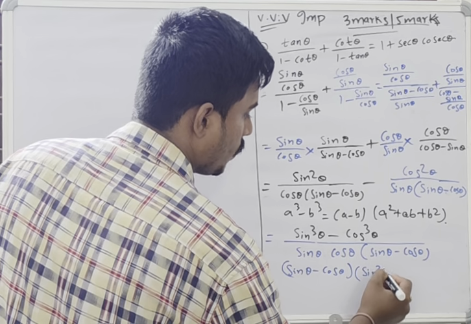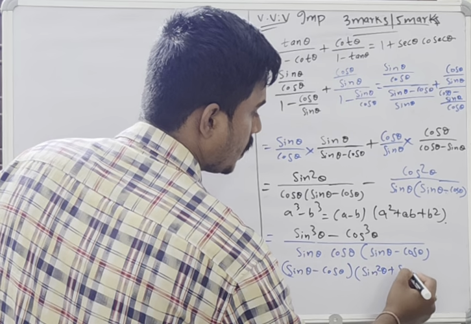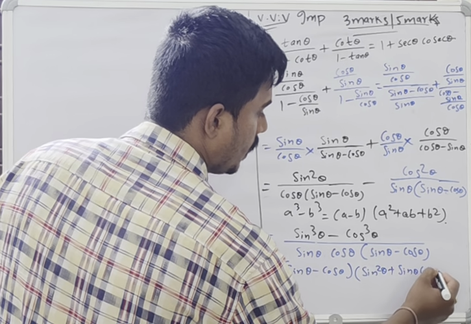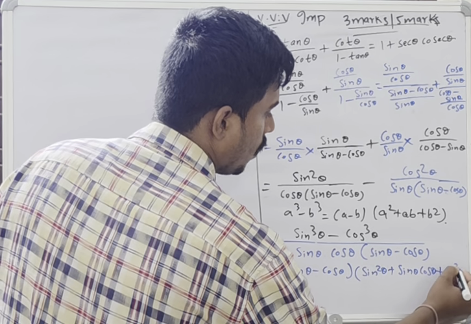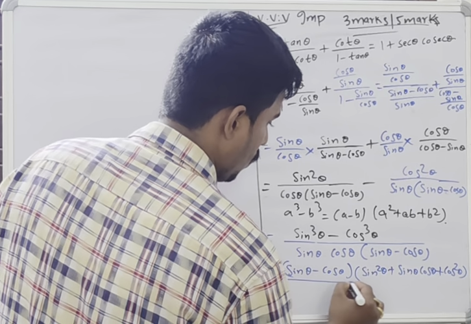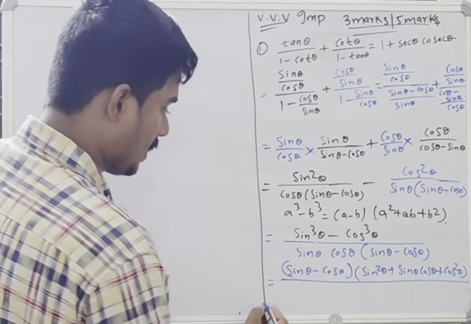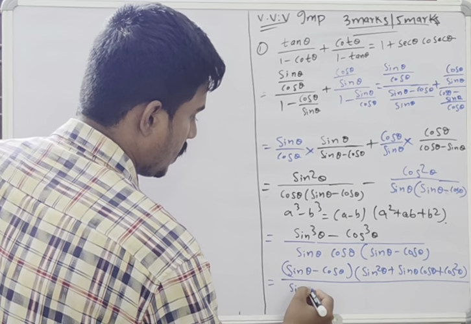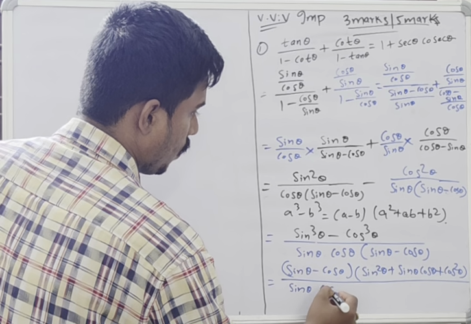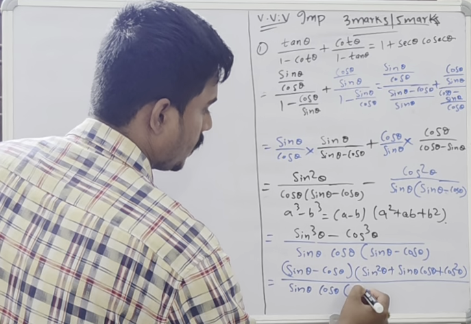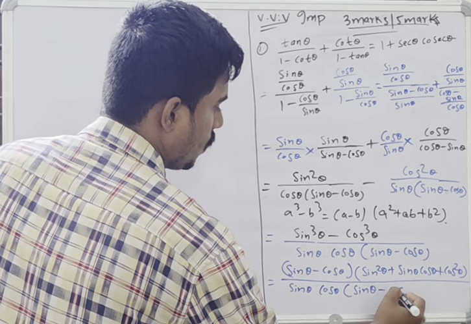So sine square theta plus sine theta into cos theta plus cos square theta, whole by sine theta into cos theta, sine theta minus cos theta, with no change in the denominator.